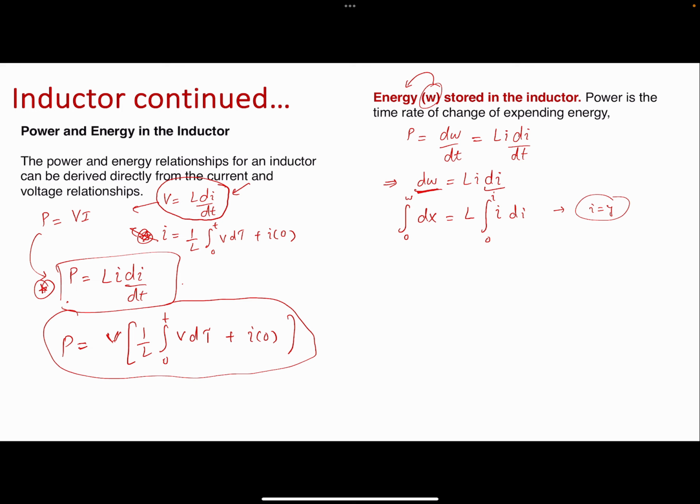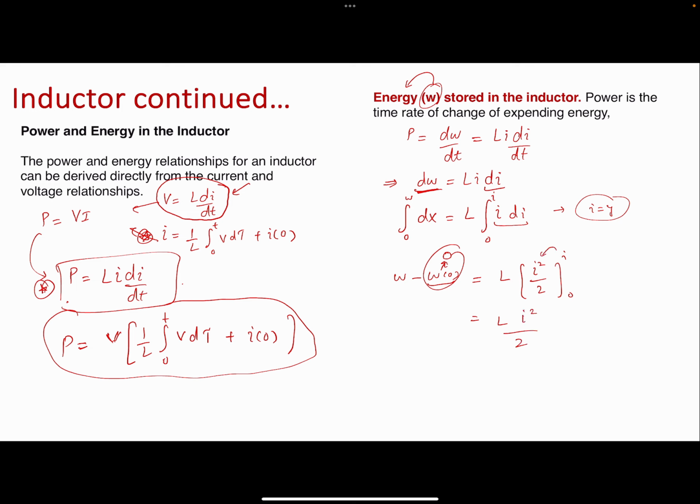Once we take the integral on both sides, what we get is W minus W of 0, and W of 0 is 0, equals L times the integral from 0 to I of i di. If you take the integral, this comes out to be i square over 2, from 0 to I. Okay, so this should be L, and then I square, replaced over here.